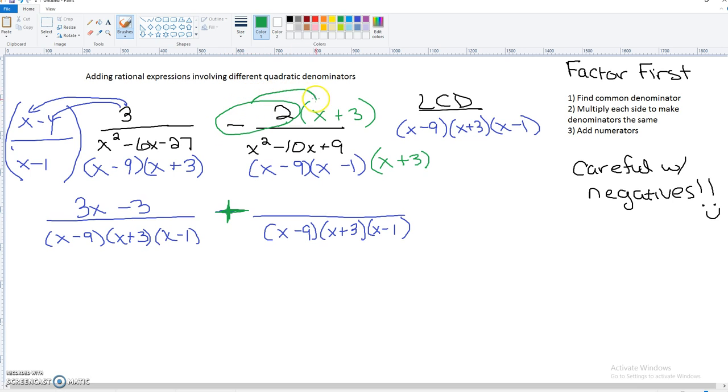So we've got negative 2 times x is a negative 2x, and negative 2 times 3 is a negative 6. Okay? Everybody with me so far?